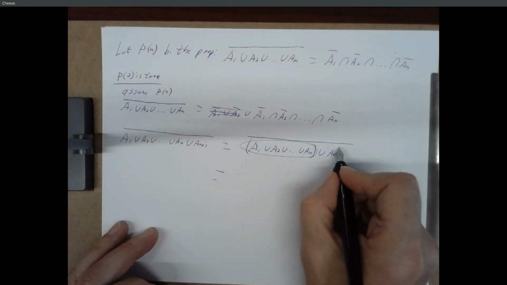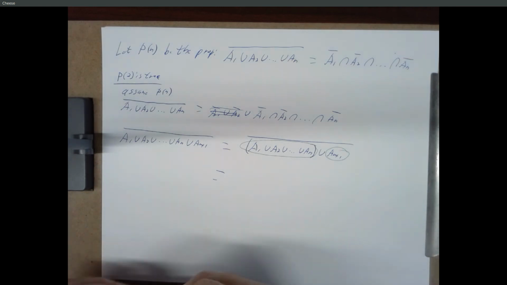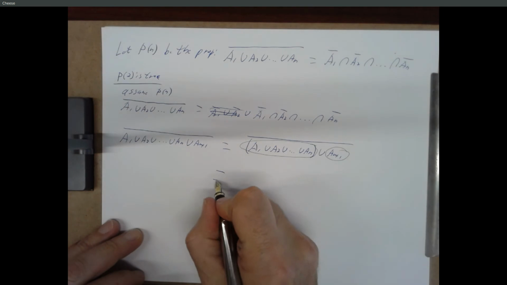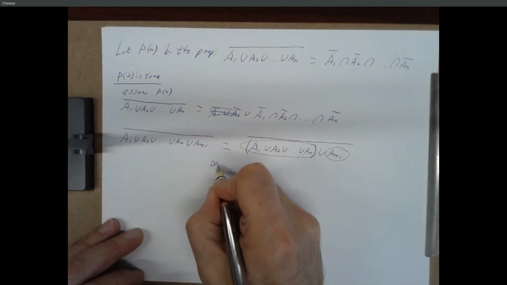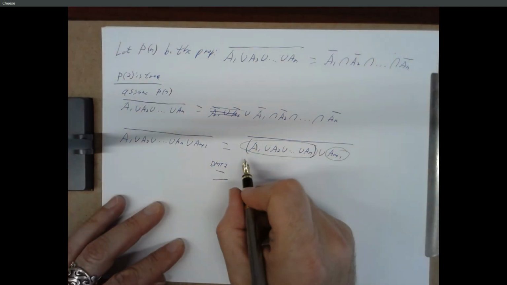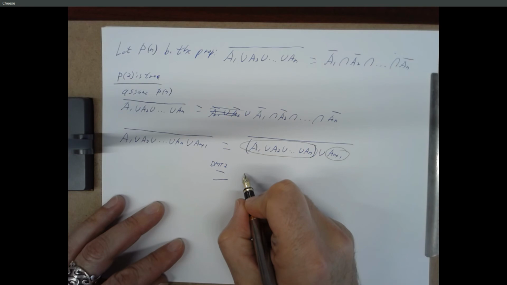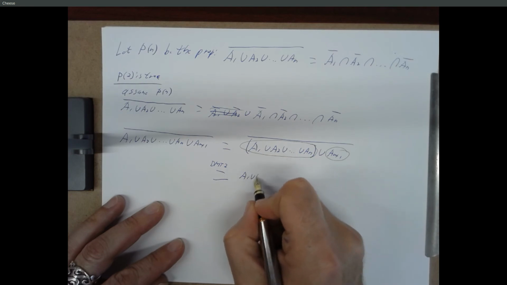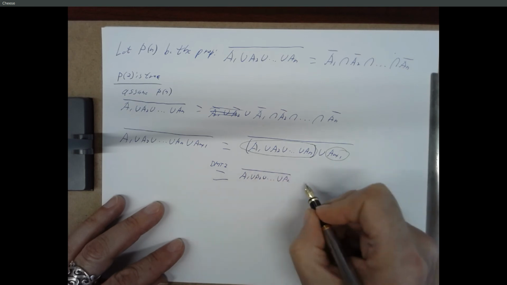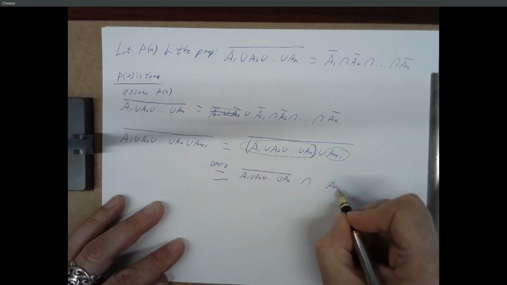One is this big long union, the other is just A n plus 1, and I'm complementing. Let's use De Morgan's. This is just De Morgan's theorem 2. So this is the complement of the first thing, intersected with the complement of the second one.